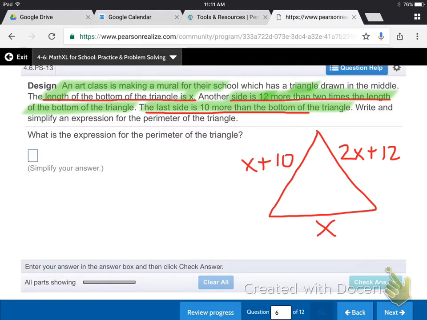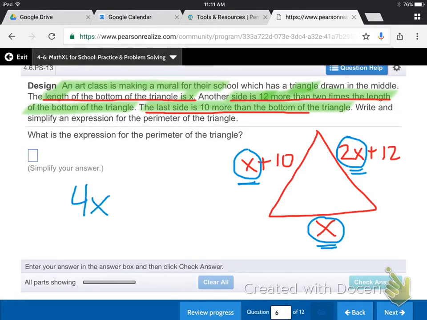Now, we're going to add up all the terms that are alike. We have x here, and we have x here, and we have 2x there. So how much is 1x right here, plus another 1x, that's 2x, right? And plus another 2x, how much is that? That's 4x total.